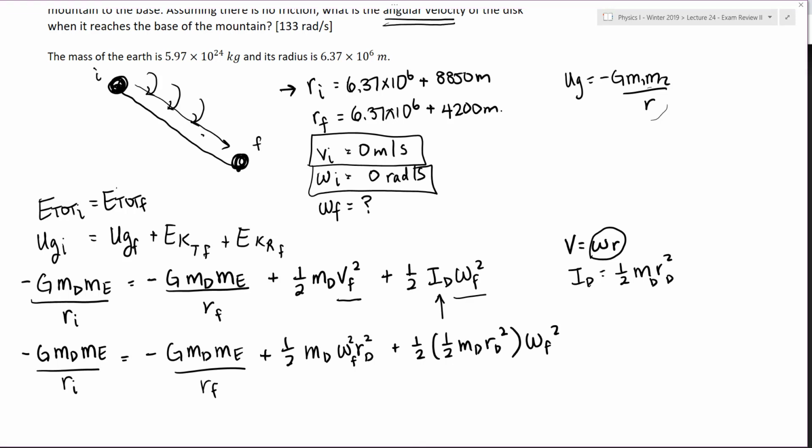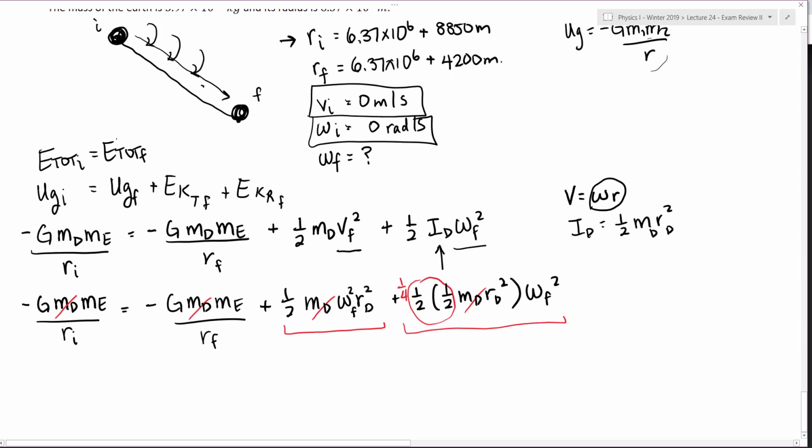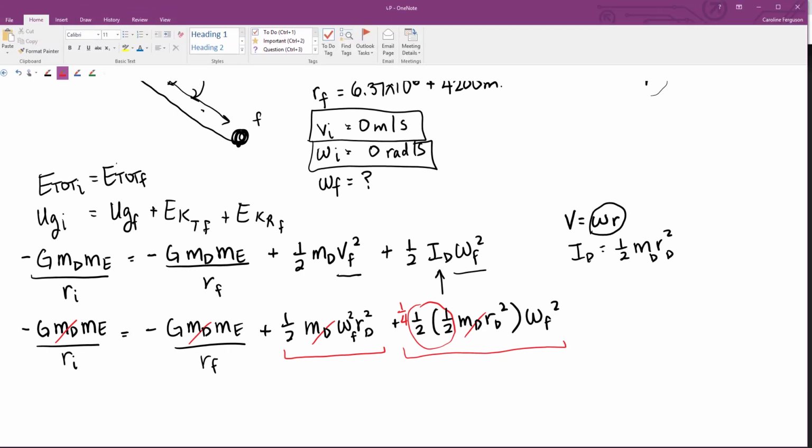Now we have some simplifying to do. 1/2 and 1/2 together makes 1/4. We have mass of the disk everywhere, so I can just cancel it all away. Then we have 1/2 omega squared r squared plus 1/4 omega squared r squared, and 1/2 plus 1/4 is 3/4.